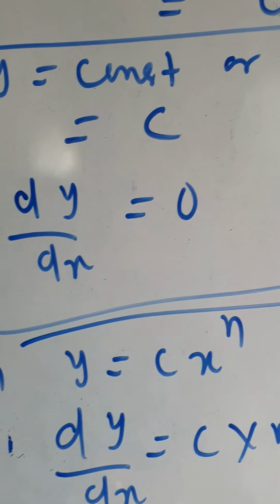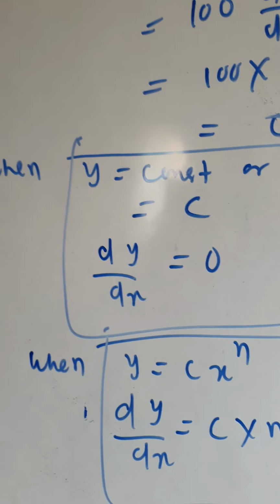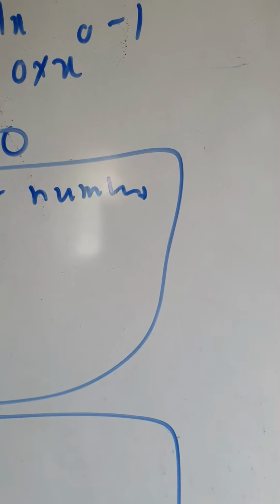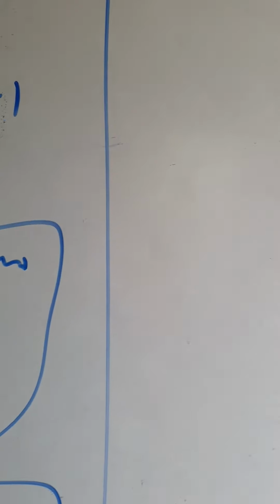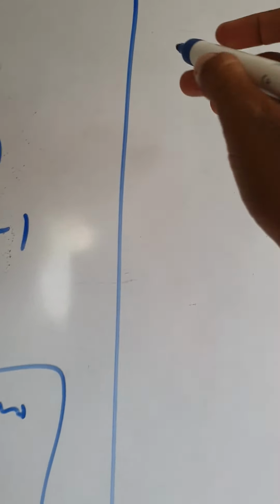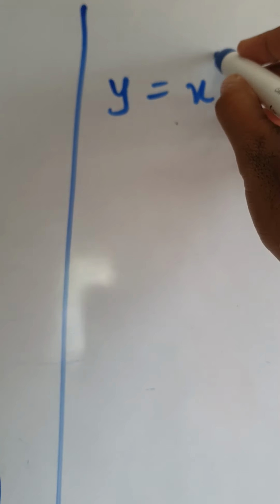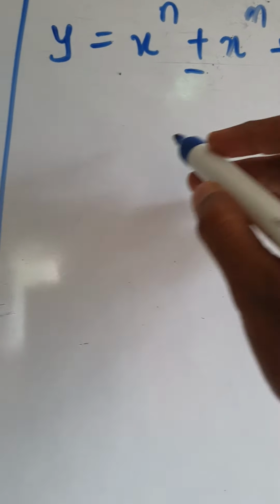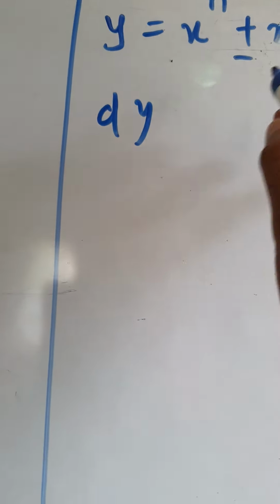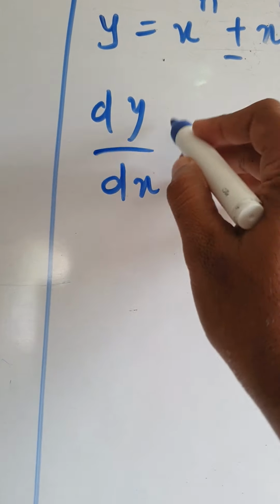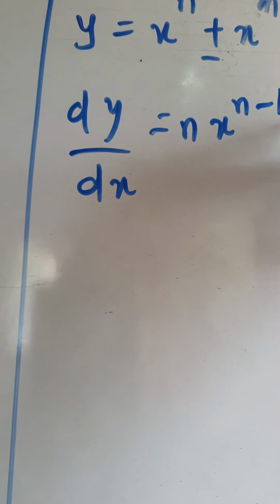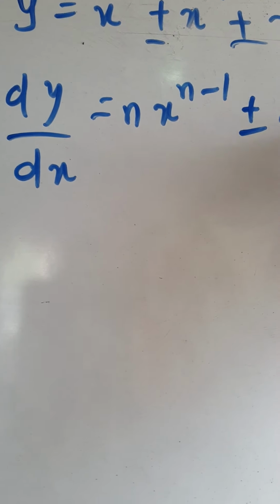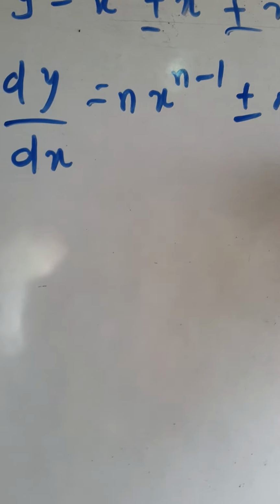Another formula: suppose y is equal to x to the power n plus x to the power m plus or minus x to the power p. In case of addition and subtraction, dy by dx is nx to the power n minus 1 plus or minus mx to the power m minus 1 plus or minus px to the power p minus 1.